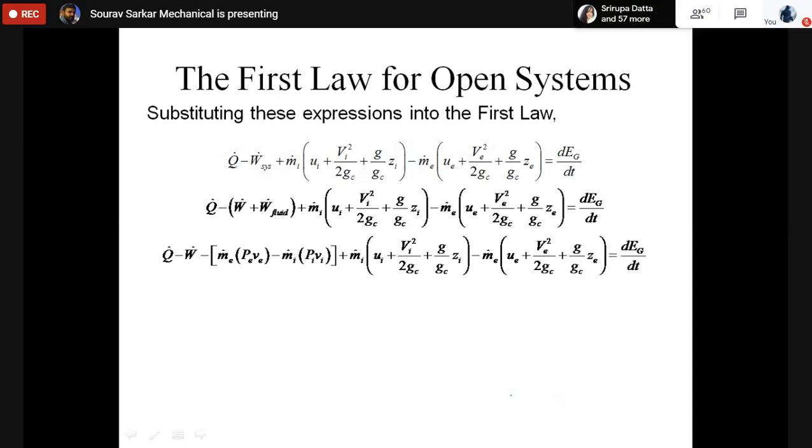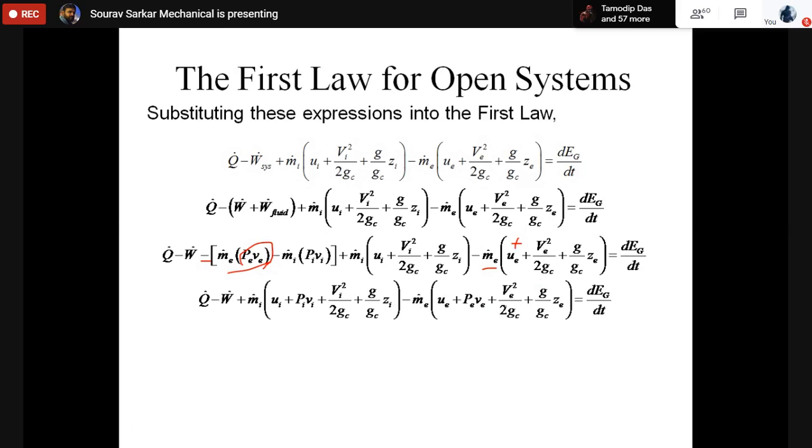So this Pv will go there. If you see, this is Pv, there is a negative, and m dot e, there is a negative. So this Pv will become positive whenever it is going inside the bracket. So it goes inside the bracket, it became Pv plus e. And here also this is negative, so it is basically positive, and it will go inside the bracket as positive.